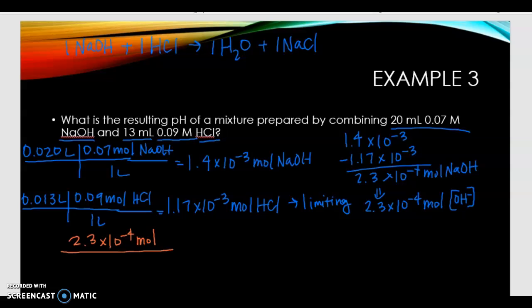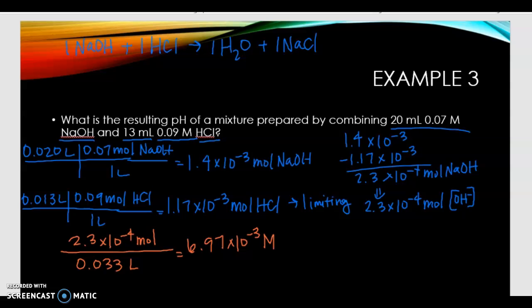So our total volume is going to be 20 milliliters plus 13 milliliters. So that's going to be 33. So we have 0.033 liters going into our molarity calculation. So that comes out to 6.97 times 10 to the negative 3 molar.